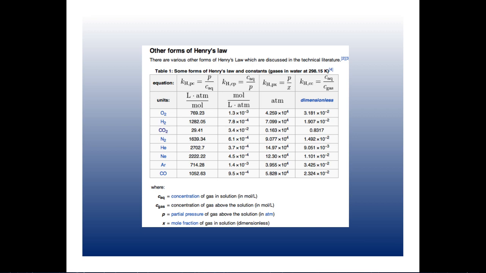They relate the pressure and the concentration to a constant. But this first one, it's the pressure divided by the concentration is a constant. This one, it's the concentration divided by the pressure is a constant. This is the pressure divided by the mole fraction is a constant. On the previous page, I had the mole fraction divided by the pressure was a constant. And here, I have something where I have 2 concentrations divided by each other as a constant.